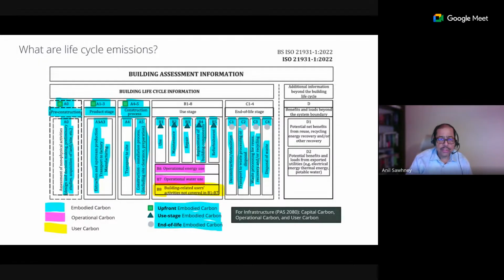In many jurisdictions now, in order to get planning approval or permit, as it is called, you are required to do whole life carbon assessment. So you have to think 60 years into the future and estimate what's going to happen at the end of life.